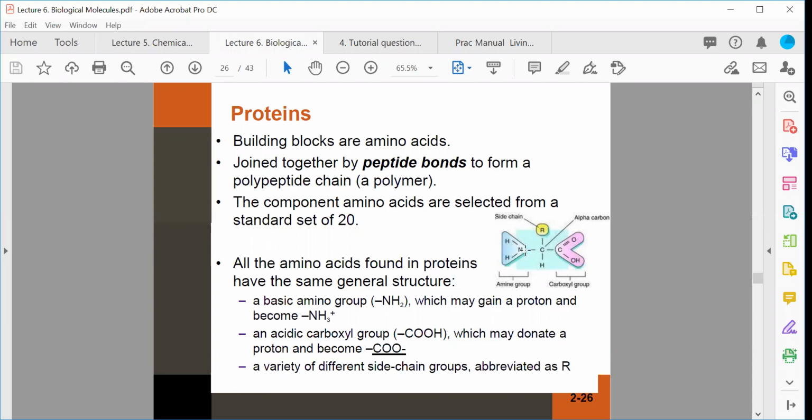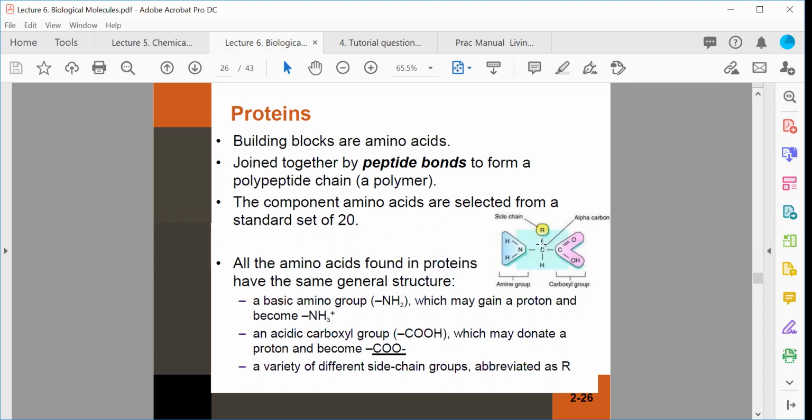If we put them all together, this is referred to as an amino group, NH2. Let's look at this bond here. It's bonded to a carbon, which in turn is bonded to an OH, and a double covalent bond to an oxygen. Put them all together, COOH, and that's referred to as a carboxyl group.